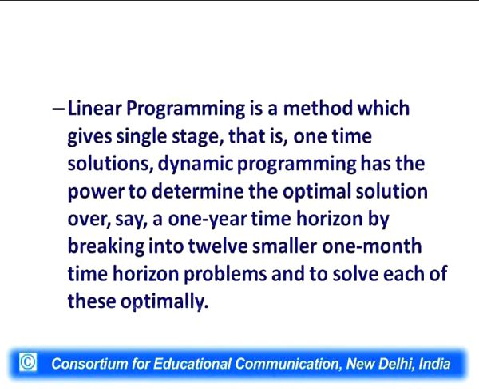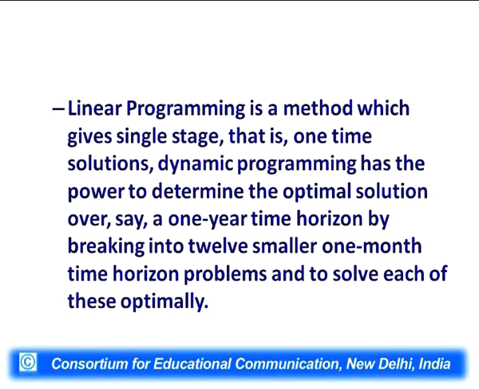Linear programming is a method which gives single stage, that is one-time solutions. Linear programming is a stationary model. It gives us a solution once only. But in case of dynamic programming, the concept is different. DP has the power to determine the optimal solution over, say, a 1 year time horizon.